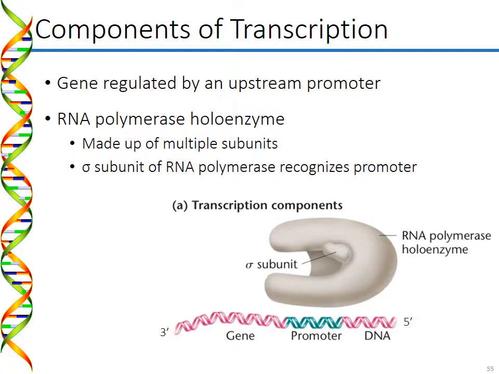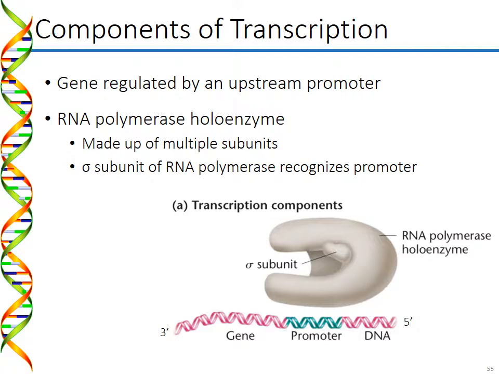And then RNA polymerase holoenzyme, we generally simply refer to it as RNA polymerase, is the overall enzyme that is made of multiple subunits that come together. And so all these components come together and are able to produce an mRNA copy of the gene that is going to be expressed.